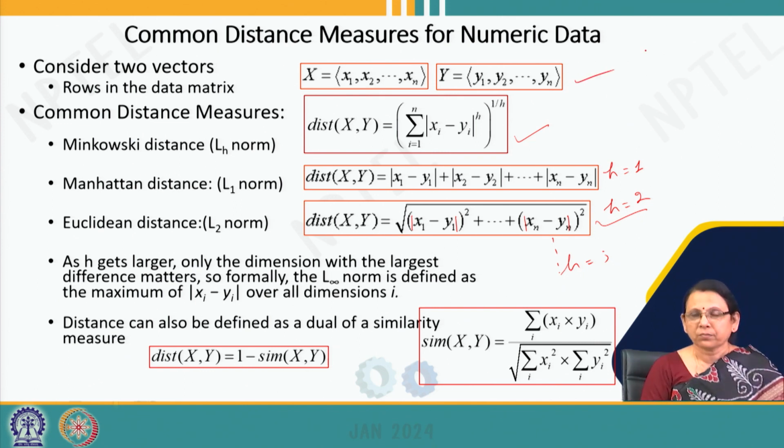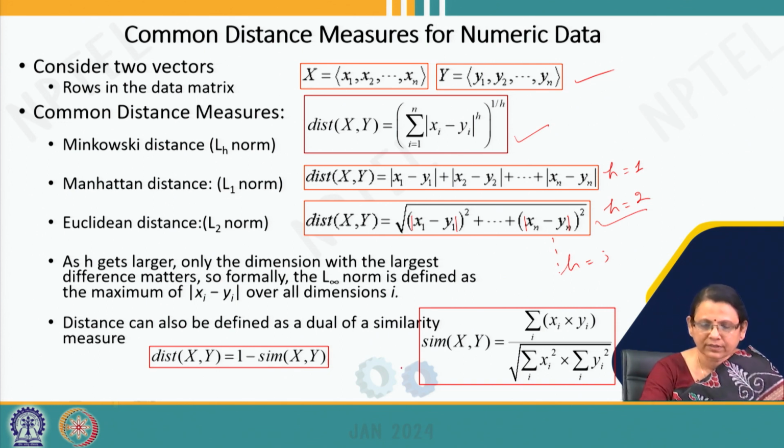Now, as I told you, distance is just the opposite of similarity. It is a dual of similarity. If something is very similar, the distance is going to be very small and the similarity is going to be very high. So, you can also compute a distance function from the similarity values.